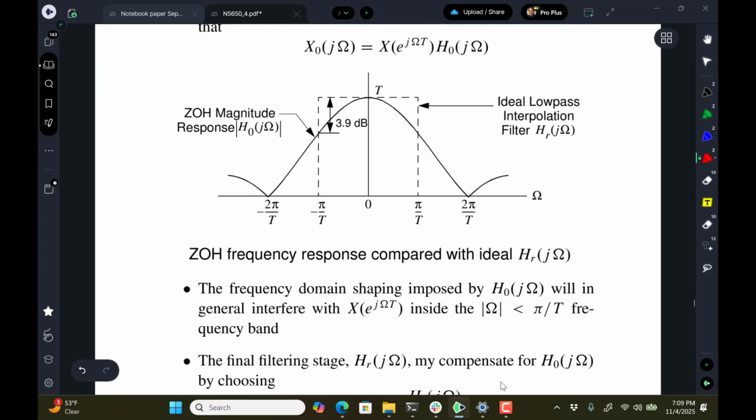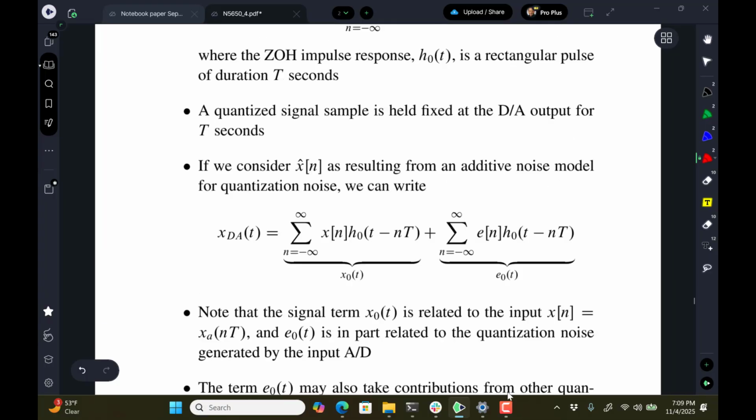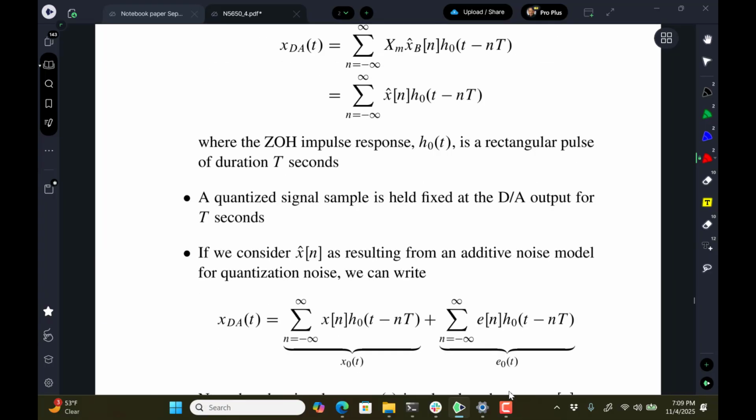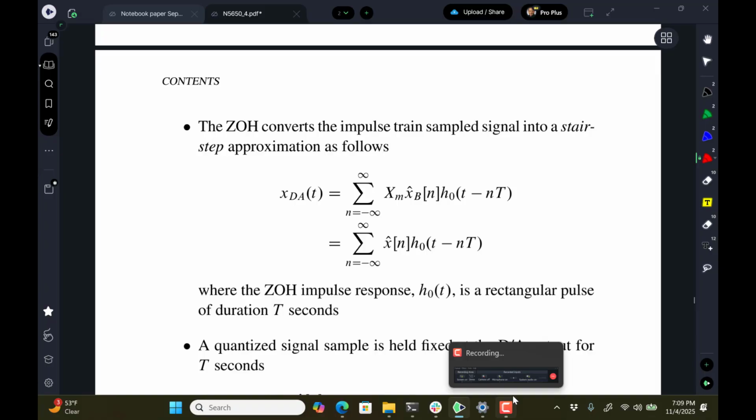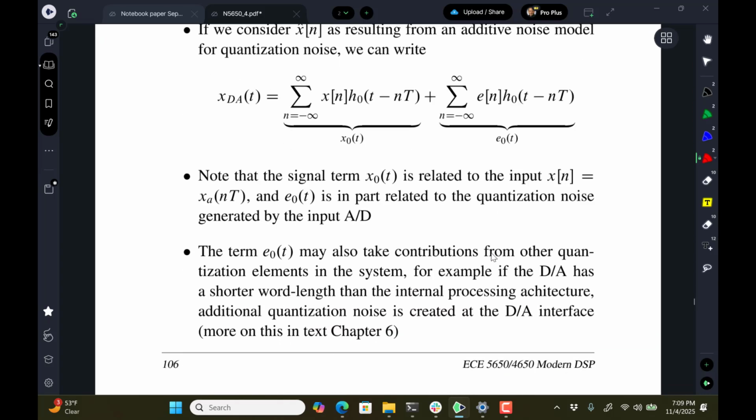So we have this holding action, which is a constant, which means we get a stair-step approximation, which introduces some distortion. If you look at it in the frequency domain, we're going to have distortion in our signal, but then we're also going to get quantization noise coming through from other parts of our system, which we don't have an exact value for, but we have a fudge number in here.